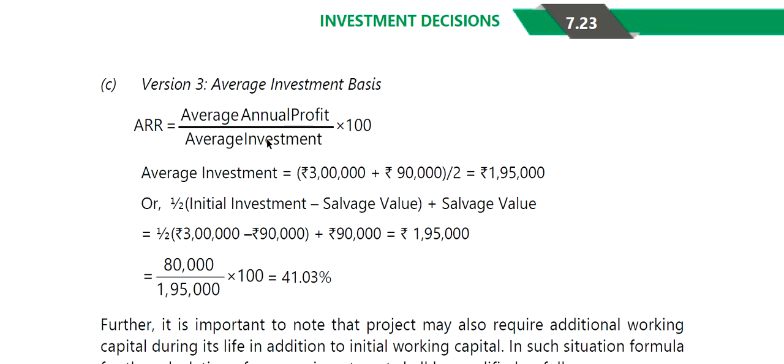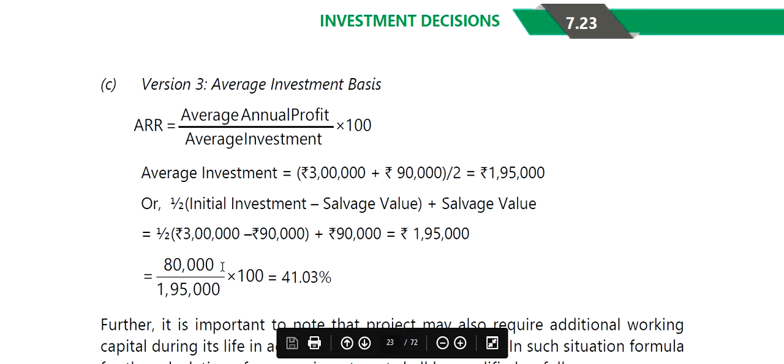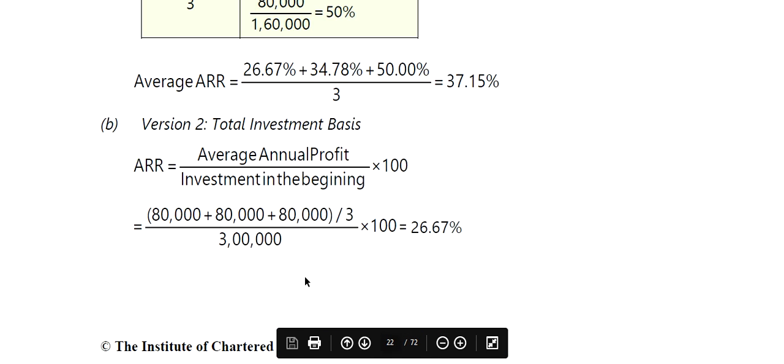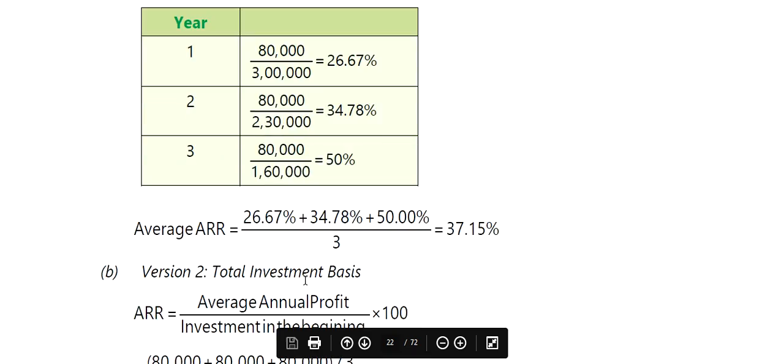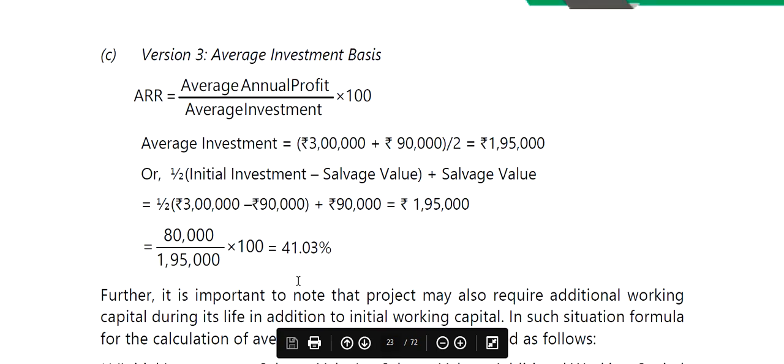What is the average investment? 3 lakh plus the salvage value of 90,000, which is 3,90,000, divided by 2, gives 1,95,000. That is called the average investment. So you will get ARR. These are the different ARRs based on the different versions.